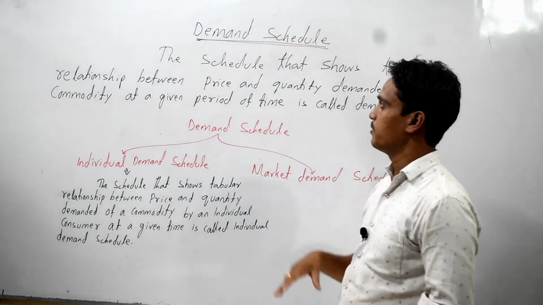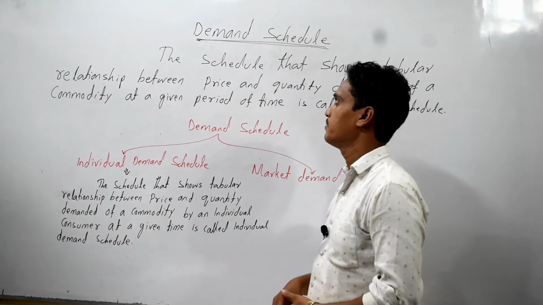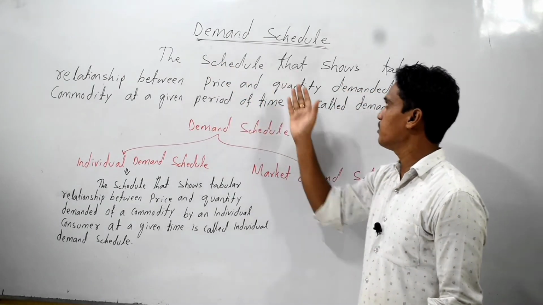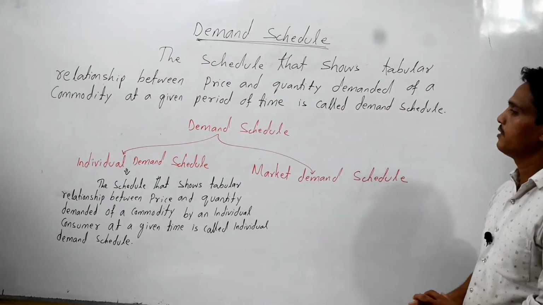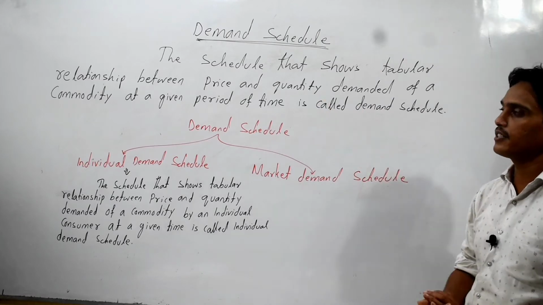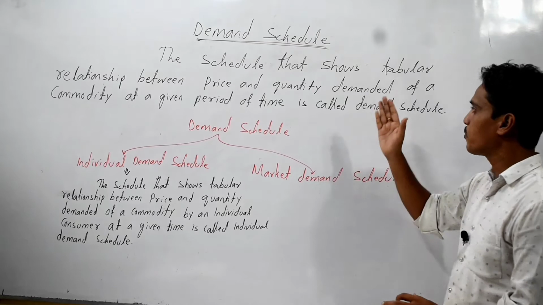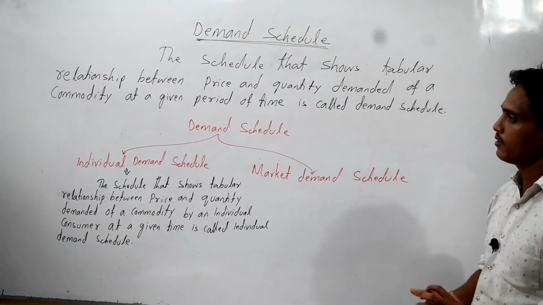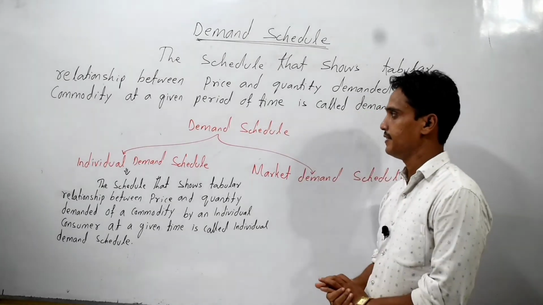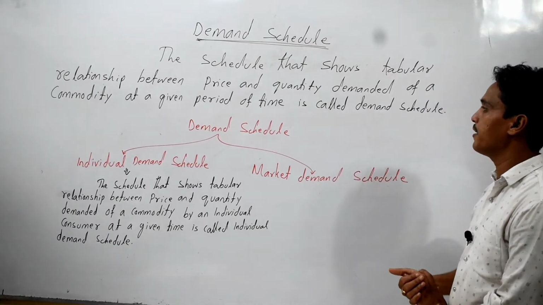Demand schedule means the schedule that shows tabular relationship between price and quantity demanded of a commodity at a given period of time.